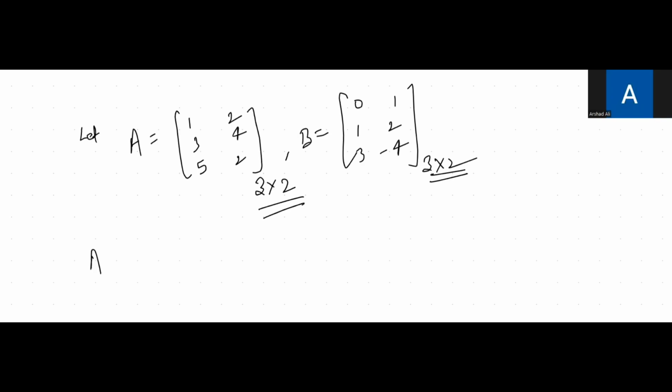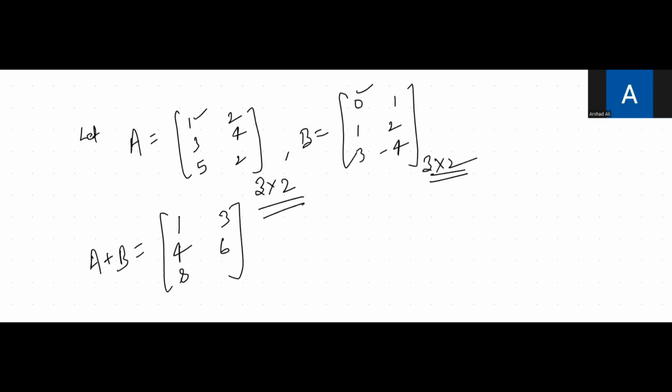A plus B is equal to, here 1, here 0, so 1 plus 0 is 1. Similarly, 2 plus 1 is 3. 3 plus 1 is 4. 4 plus 2 is 6. 5 plus 3 is 8. And 2 plus minus 4 is minus 2.